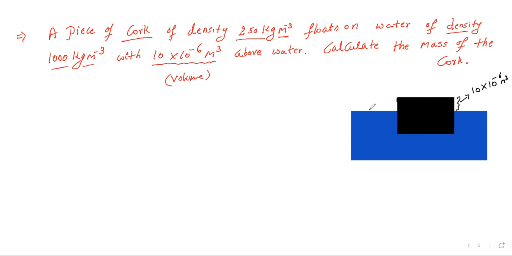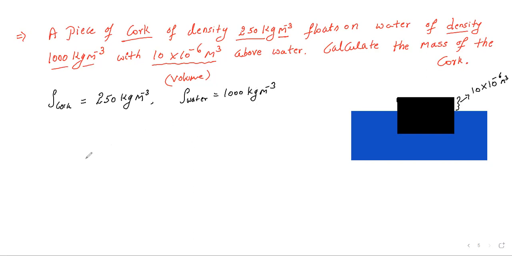But let's take the total volume of the cork will be V. Capital V you can select. Here, according to the question, what they have given. So the density of the cork is given. Let's write that. Density of the cork, 250 kg per meter cube. And density of water is there, it is 1000 kg per meter cube.